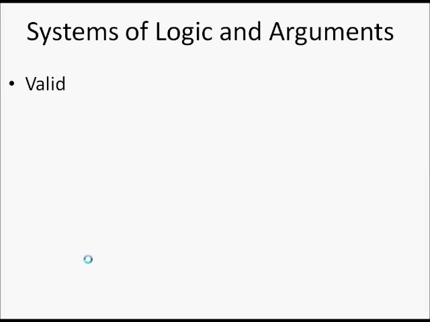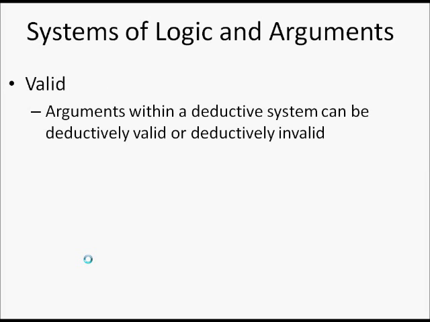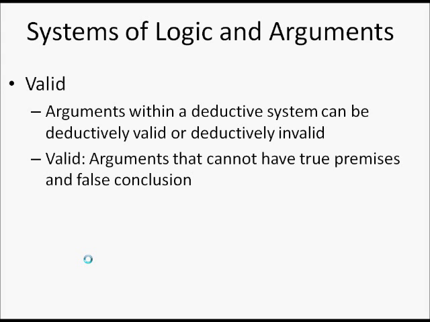Now, a similar, very related topic is that of validity. Validity applies to arguments, not to systems of logic. And validity can only be applied to deductive arguments. That means that the arguments must be placed within a deductive system of logic. When we say that an argument is valid, we're saying that an argument cannot have true premises and a false conclusion.